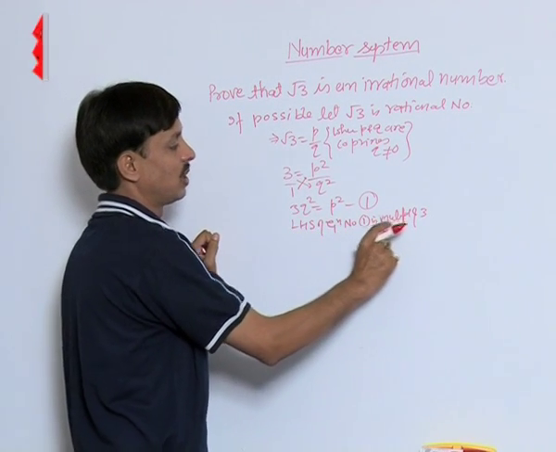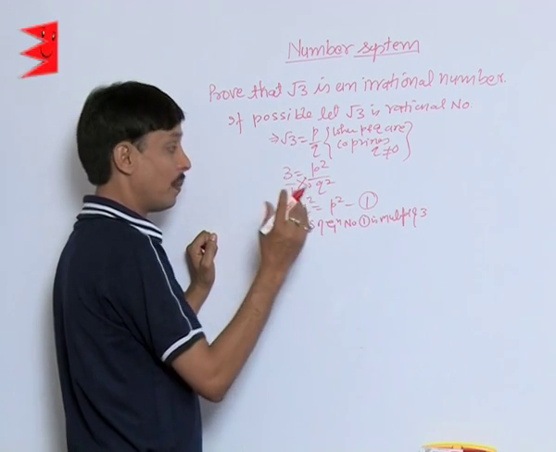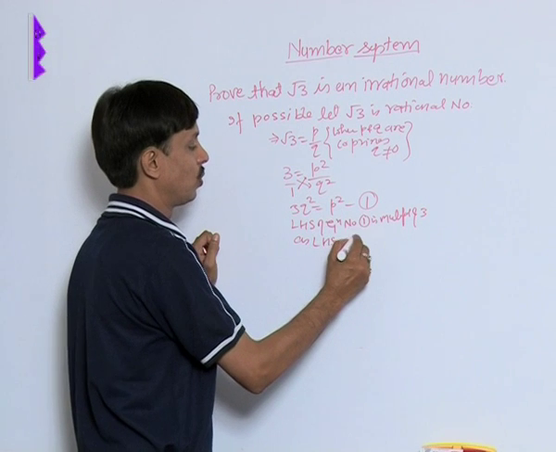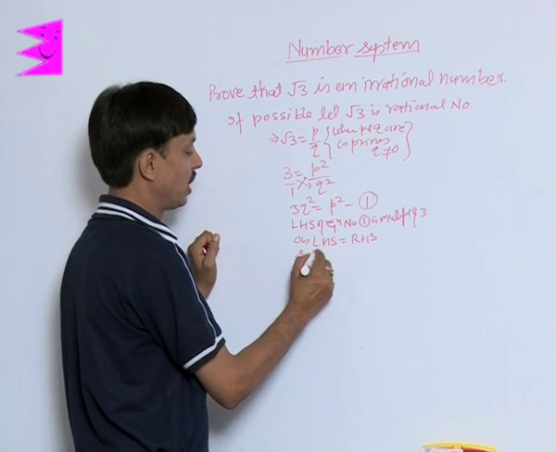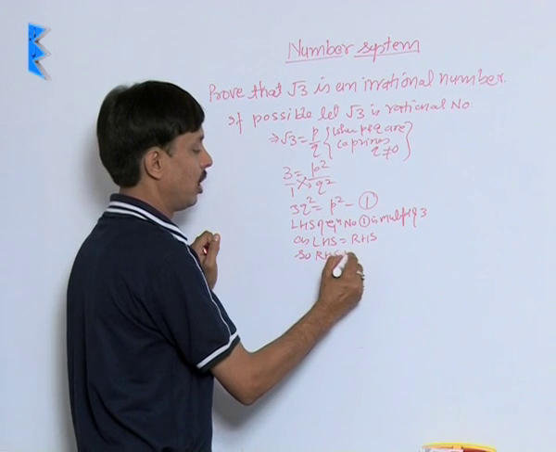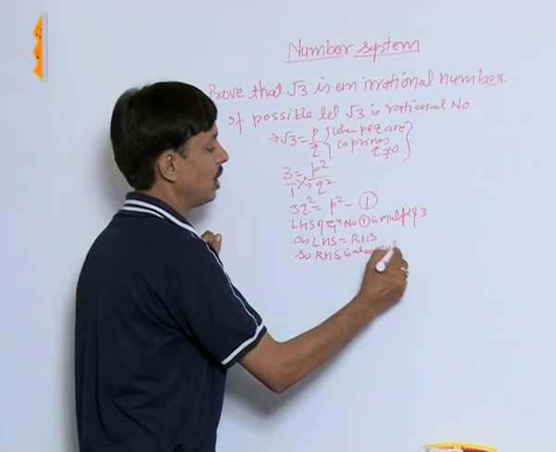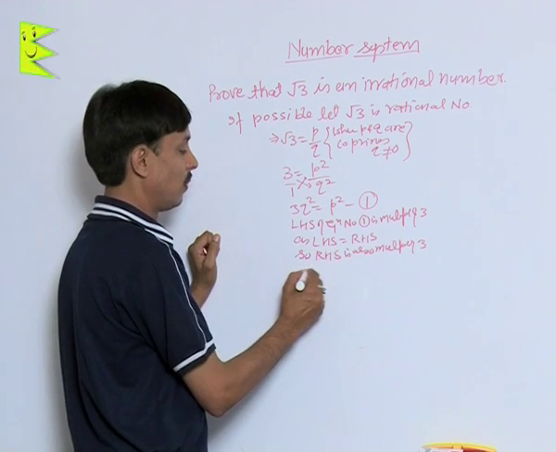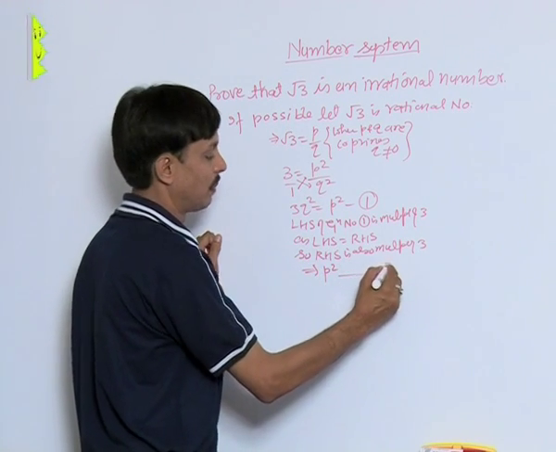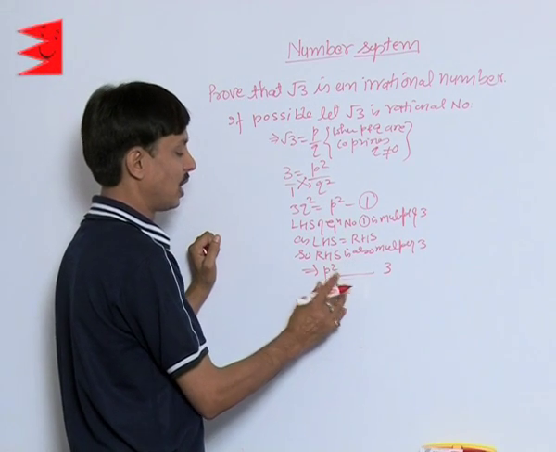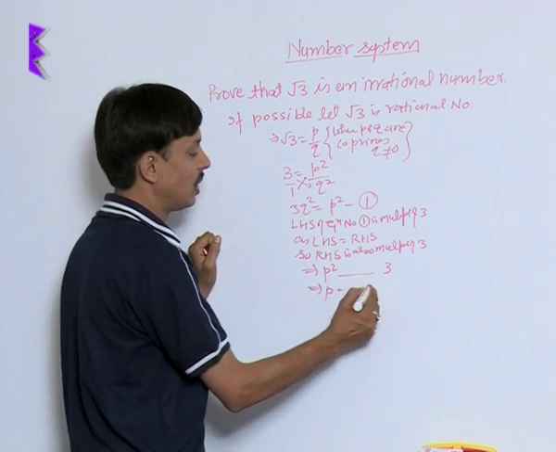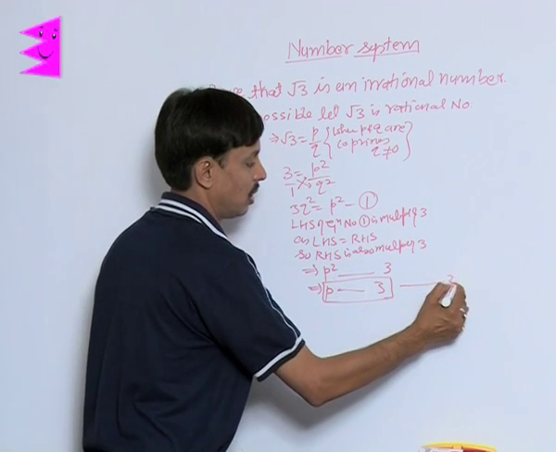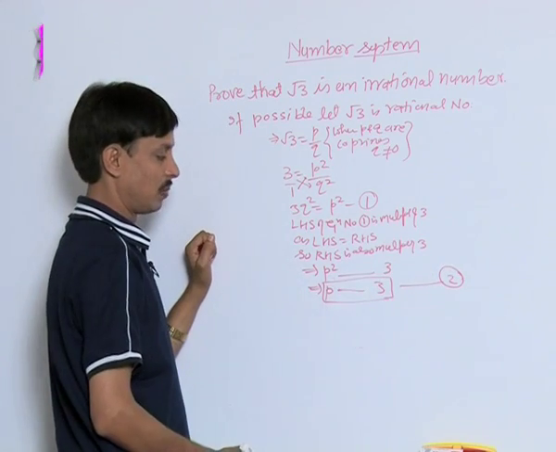But LHS and RHS are equal. As LHS is equal to RHS, we can say RHS is also a multiple of 3. If RHS is a multiple of 3, then p square is a multiple of 3. If p square is a multiple of 3, we can say p is a multiple of 3. This is conclusion number 1, or I can represent this by equation number 2.